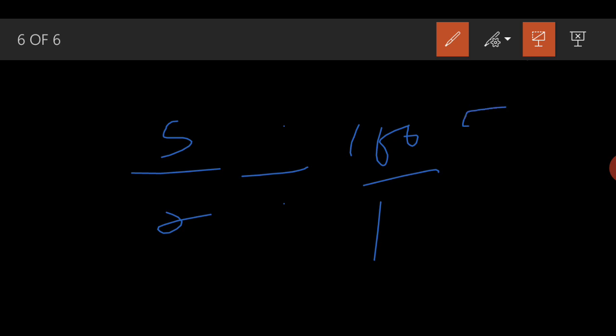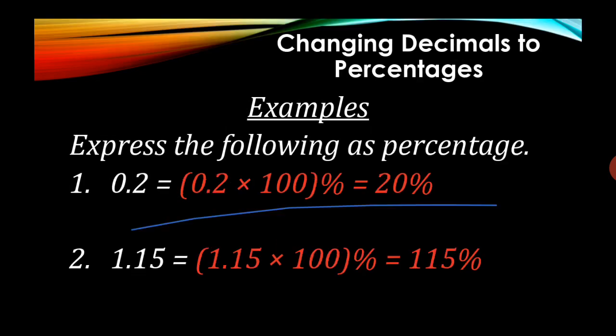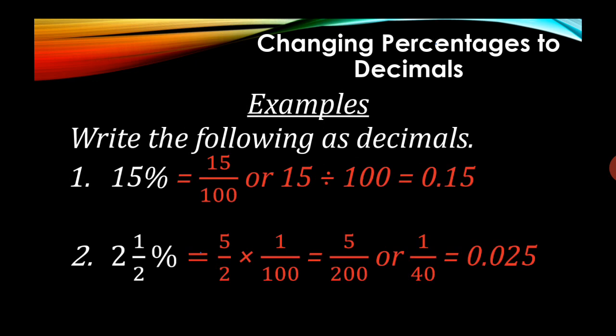So it will have 5/2 times 1/100. That is why it is like this. So we say 5 times 1, 5. 2 times 100 gives us 200. So 5 all over 200, or 1/40.